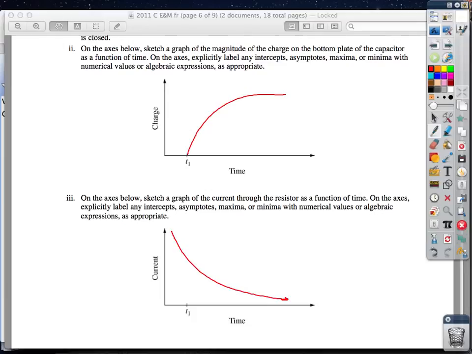Sorry, I drew this incorrectly. It should have been like 0. Right? There can be no current until the switch is turned on. Something like that.